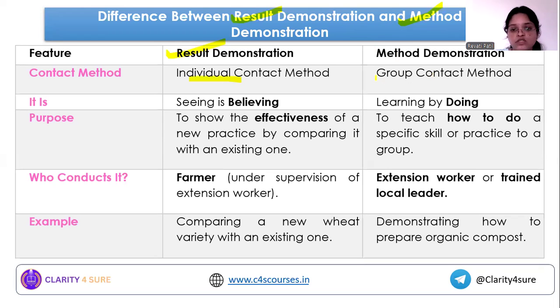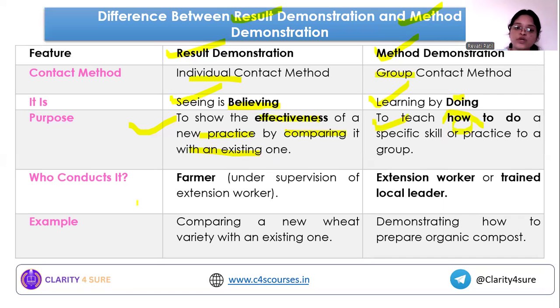Method demonstration is a group contact method. The principle here is seeing is believing, and the principle here is learning by doing. The purpose here is to showcase the effectiveness of a new practice by comparing it with the existing one, right? And here the keyword is how to do a specific skill or practice.